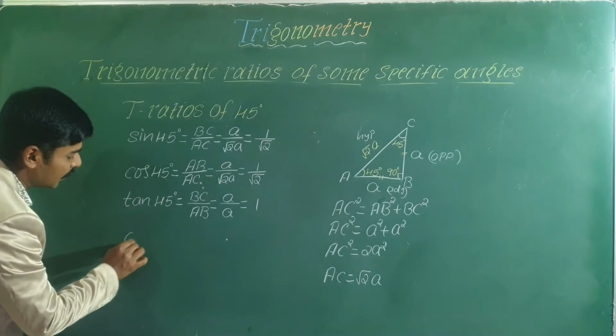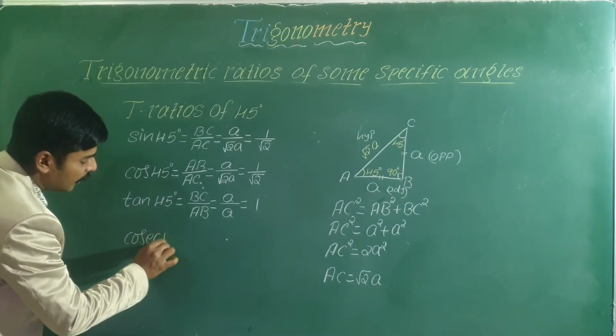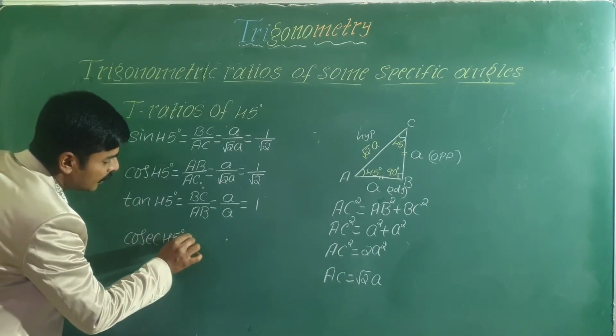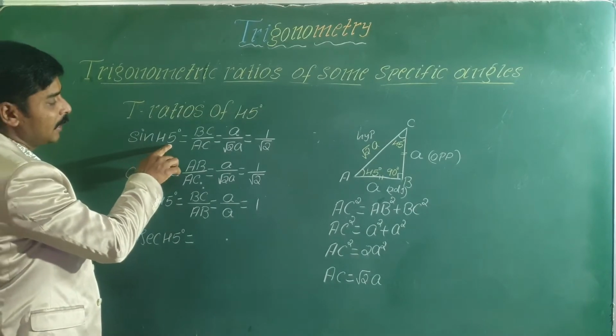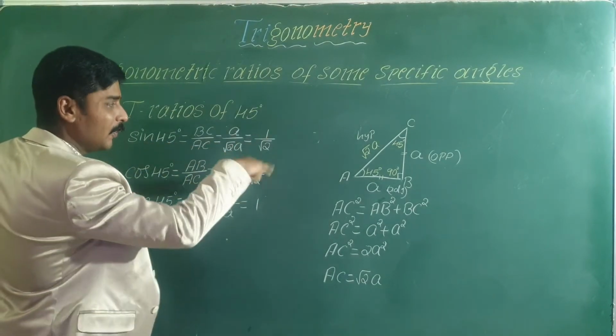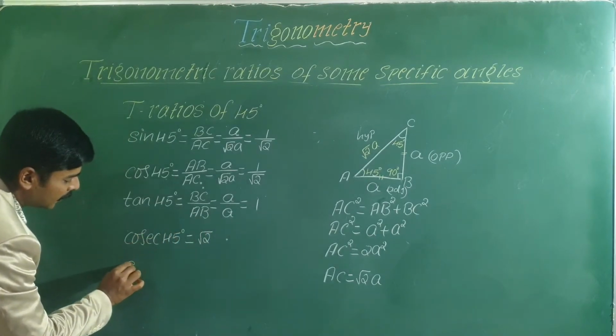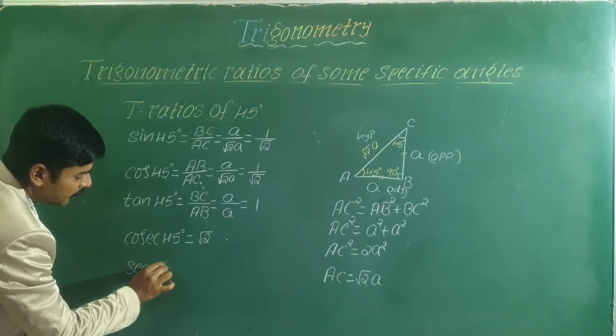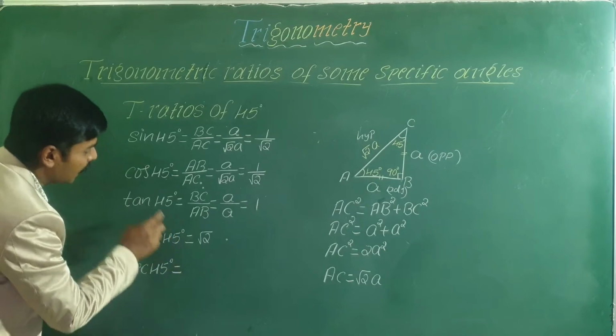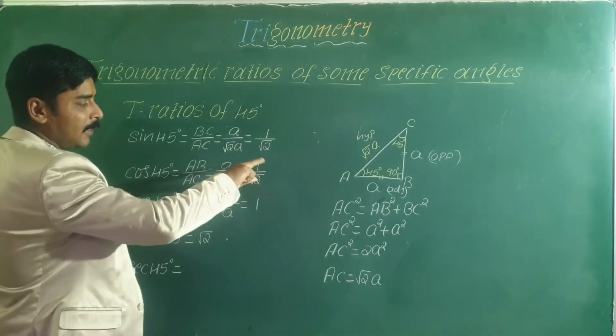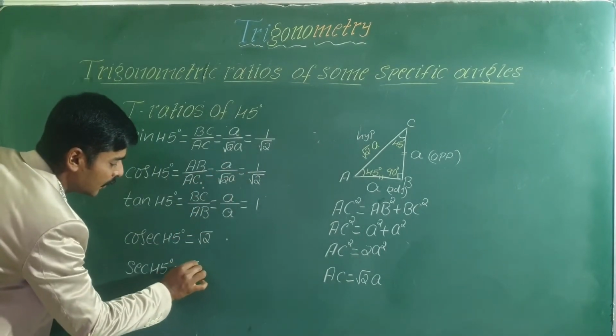Now cosecant 45 degree. This is the reciprocal of sine 45. Sine 45 is 1 by root 2. Reciprocal is root 2. Next, secant 45 degree. That is the reciprocal of cos 45 degree. Reciprocal is root 2.